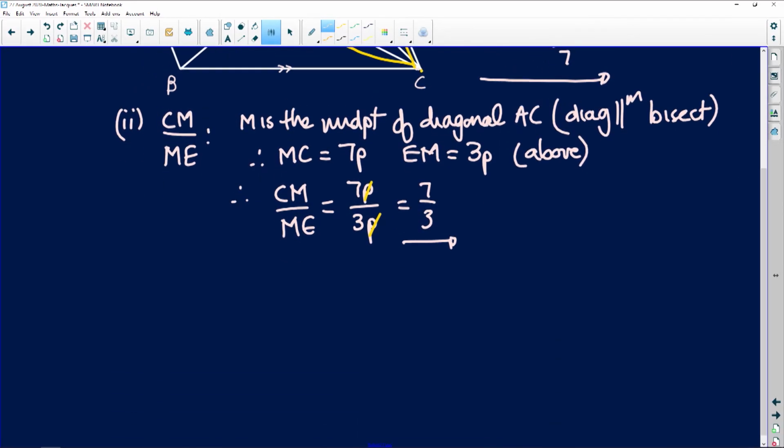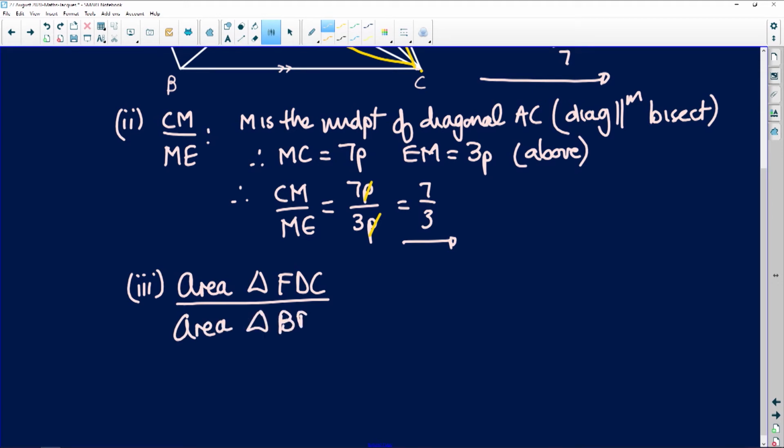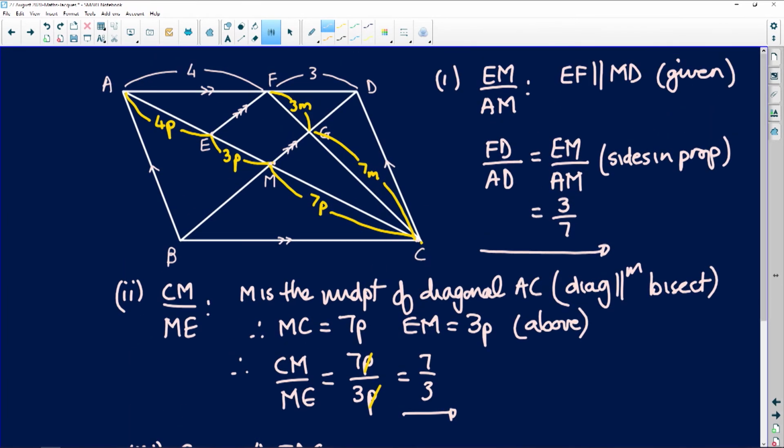Okay, let's look at what the third part is. I'm going to put the question on the screen and then we'll go back to the diagram. The question says we want the area of triangle FDC divided by the area of triangle BDC. So FDC and BDC. Now I'm going to use another color here. Where's FDC?